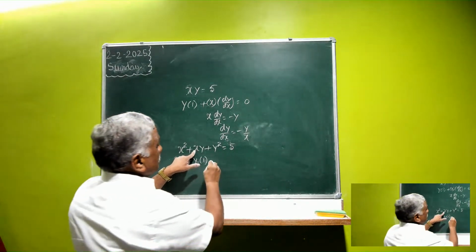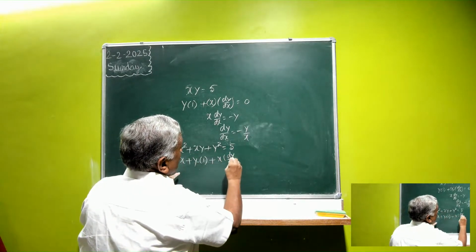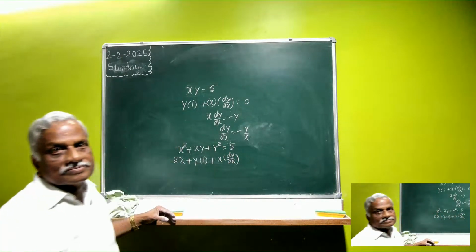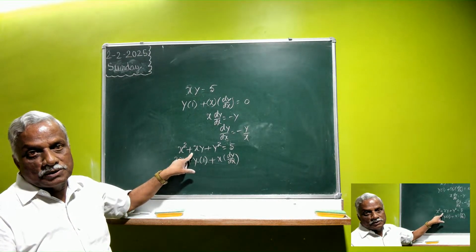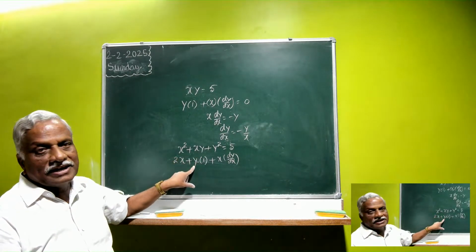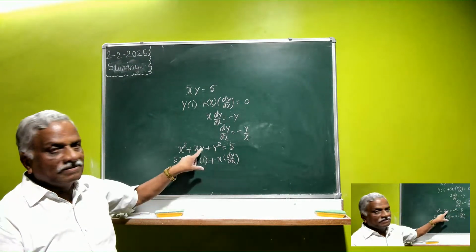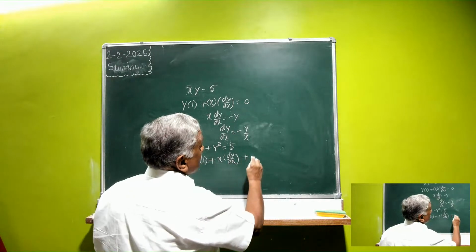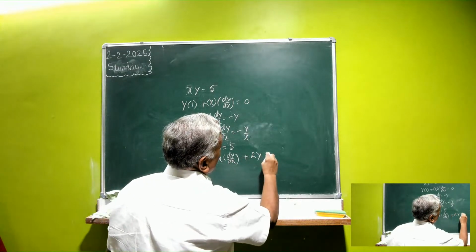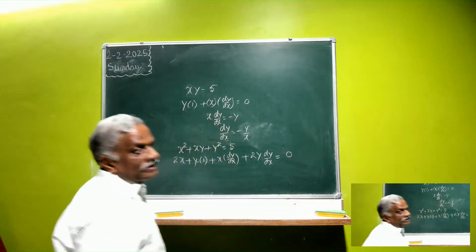Keep x as it is, y is not 1, it is dy by dx. So you need to use product rule: keep y, x is 1, keep x, y is dy by dx. Plus, what is y square differentiation? 2y dy by dx. 5 is a constant.